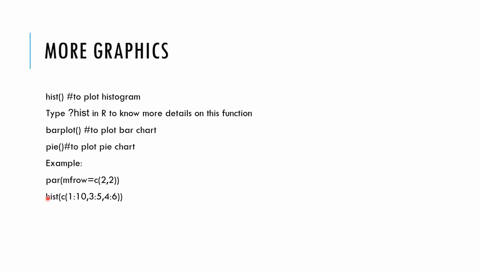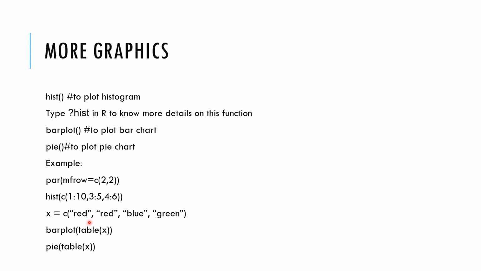For histogram, I've taken one example here. There are different values I put in here because histogram is basically for numerical values, right? And then I have to create one variable for bar plot and pie chart. Bar plot and pie chart are basically used for categorical variables.